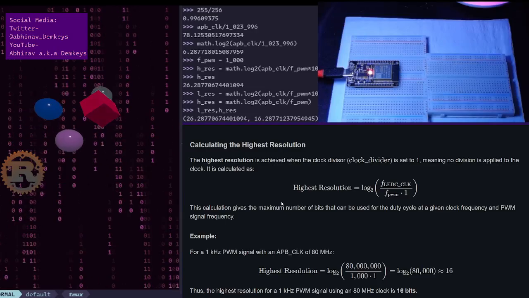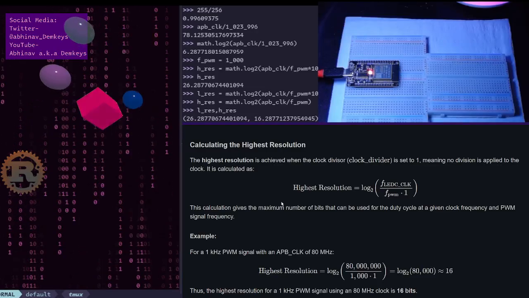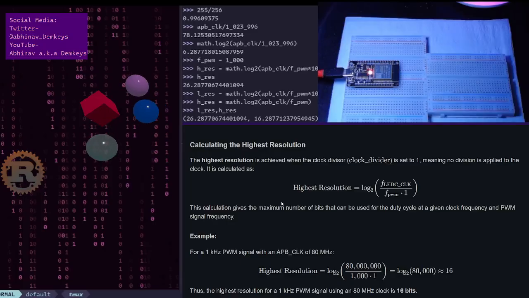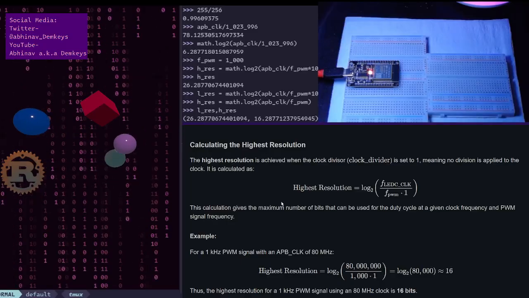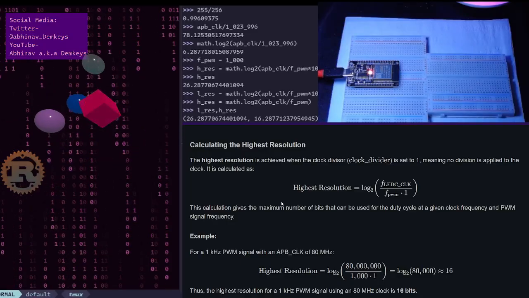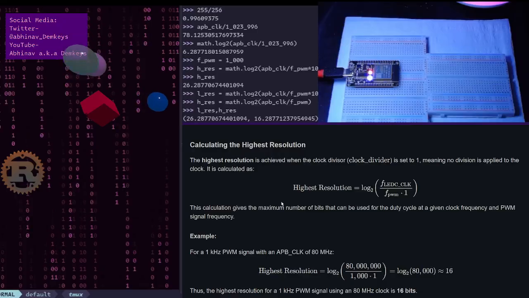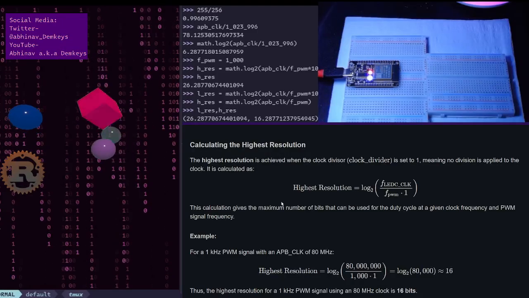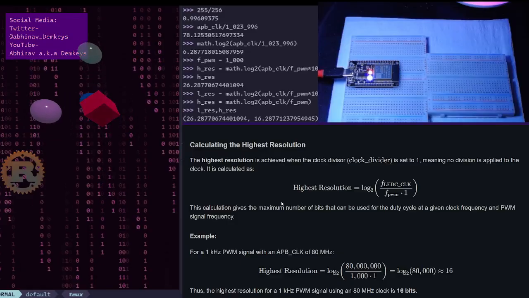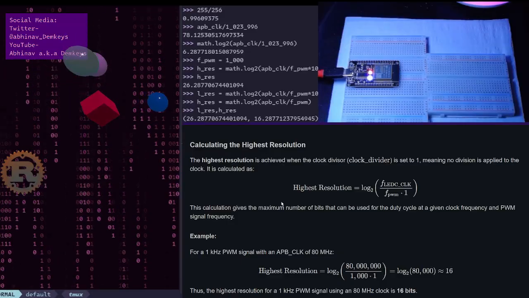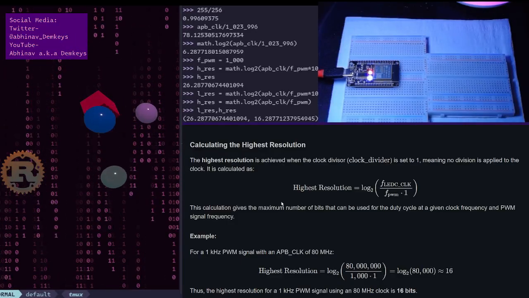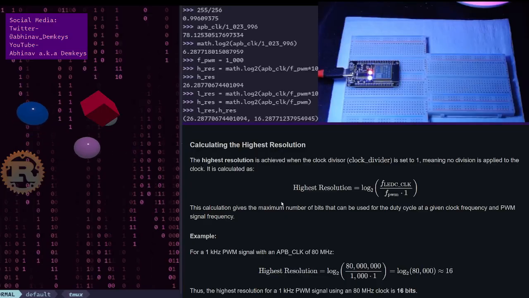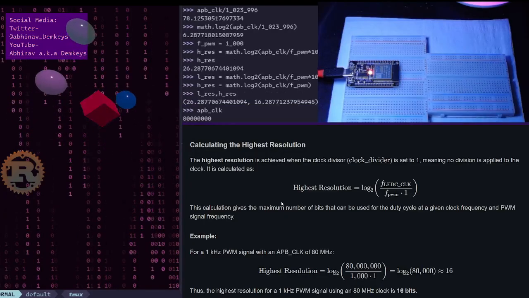So HRes, I have set it to log 2. Okay, APB clock, just to be sure, it is set to 80 million. Yes.